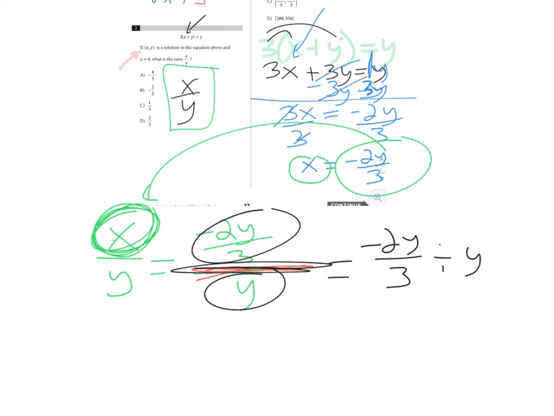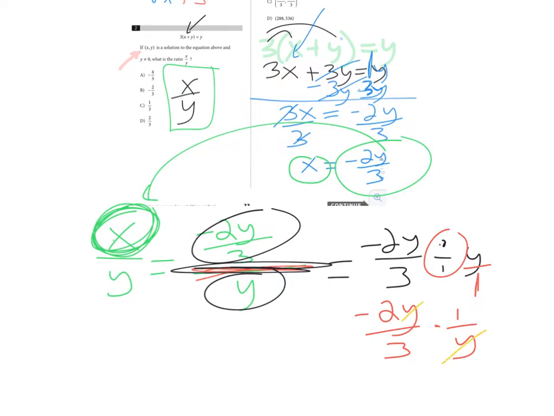Well, when you were taught to divide fractions, the math rule is to invert and multiply. So basically what that means is I'm going to have negative 2y over 3, divided by becomes times, and y over 1 now becomes 1 over y.